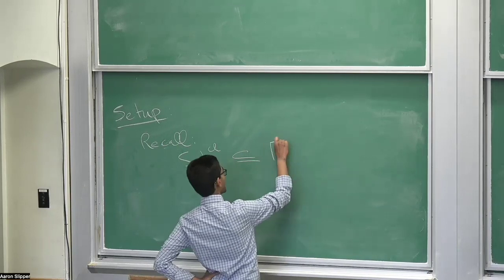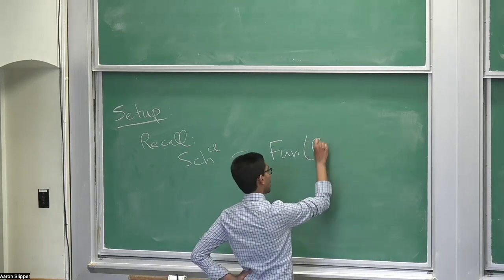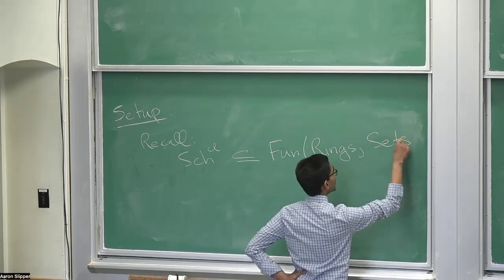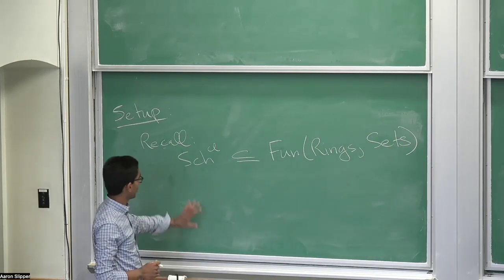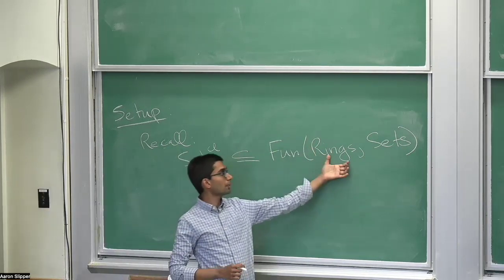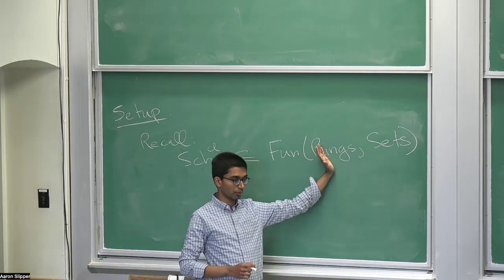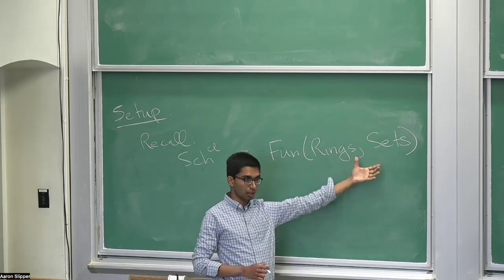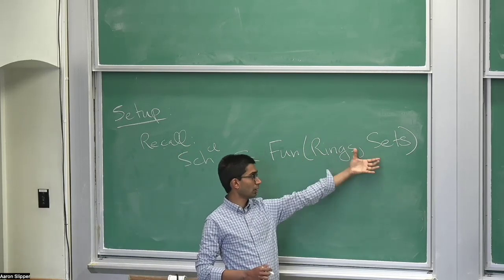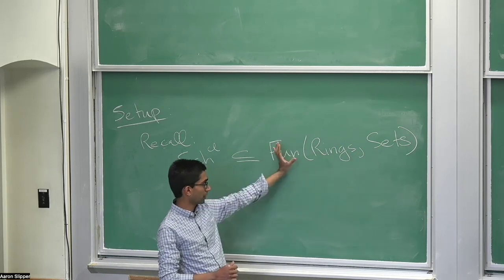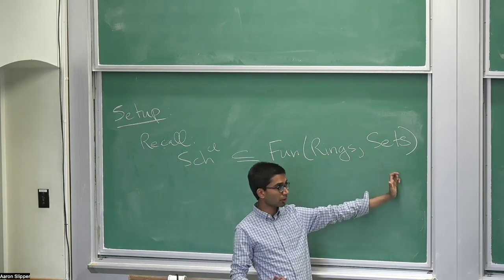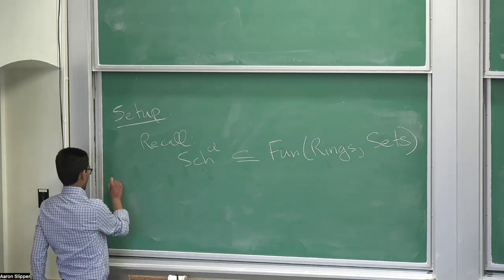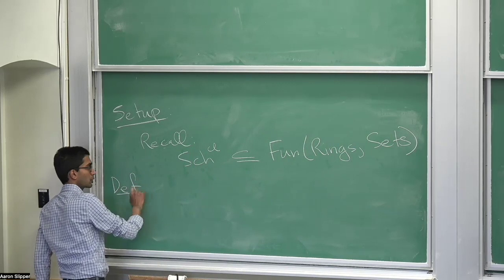So you embed schemes into functors from rings, just by remembering that given a scheme, you can evaluate it on any ring. This gives you a fully faithful embedding, and then you can impose some conditions on such a functor to declare that it's a scheme.